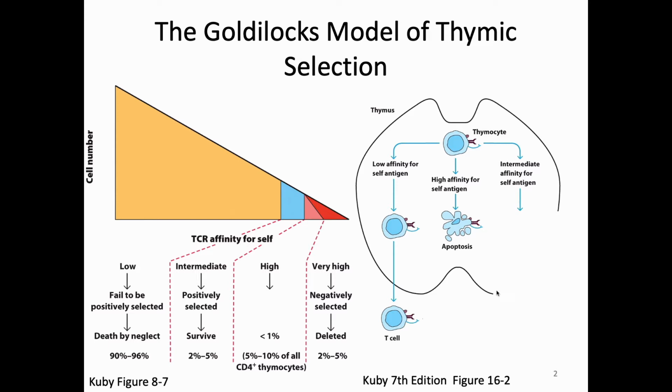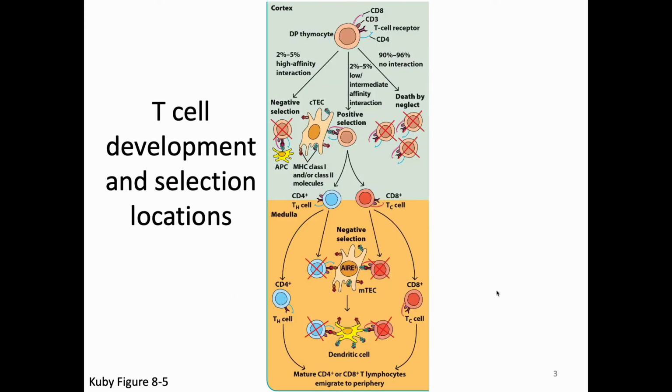The other thing I'll say, really briefly, is about the locations of what we've seen. Much of the early part of T cell development, especially the VDJ steps, is all happening in the cortex. Much of the selection, especially the negative selection, is happening in the medulla.